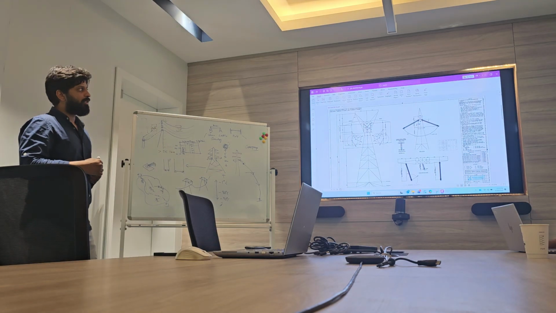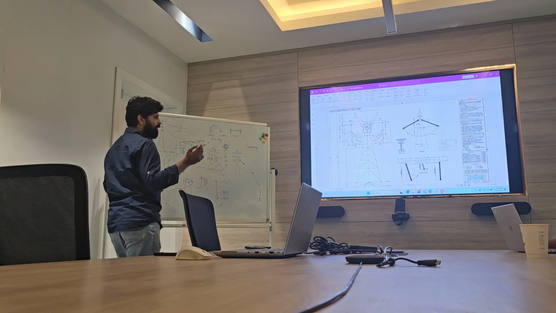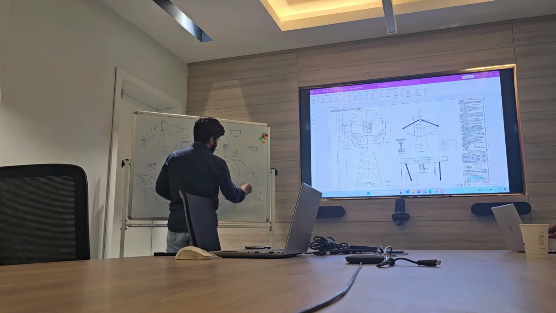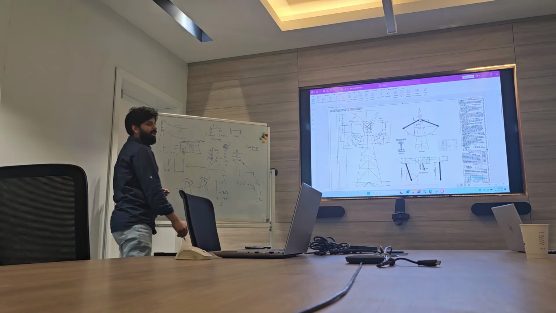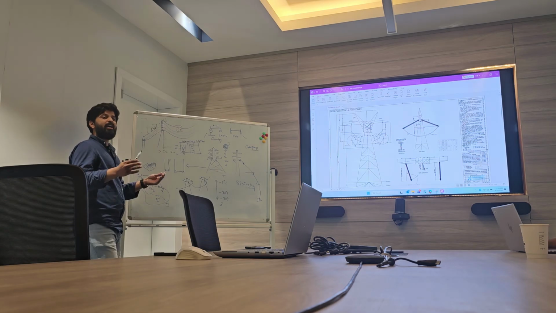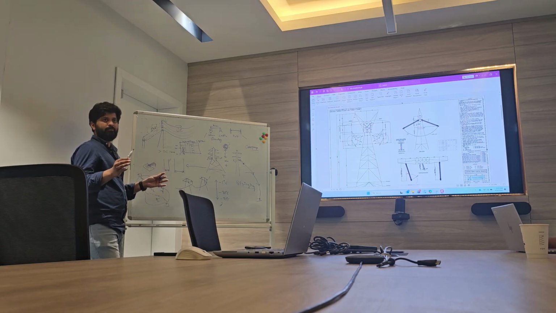So we have something called stringing. When you want to string the conductor, you should have no wind.